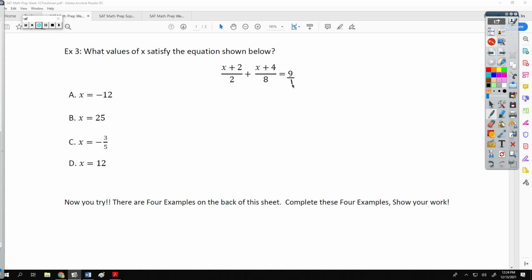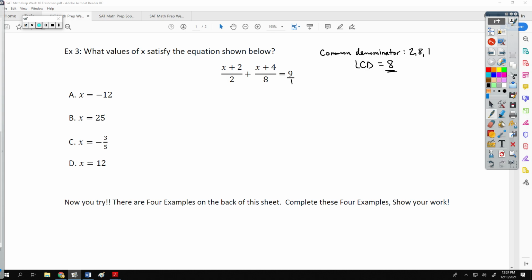Then we need to ask ourselves, what is the common denominator of 2, 8, and 1? And the answer is that the LCD or LCM would be 8. All three of those numbers, 1, 2, and 8, divide 8 evenly.